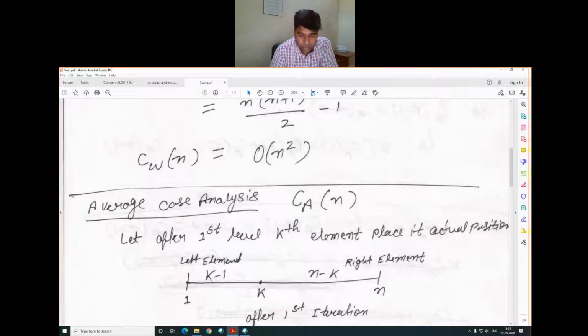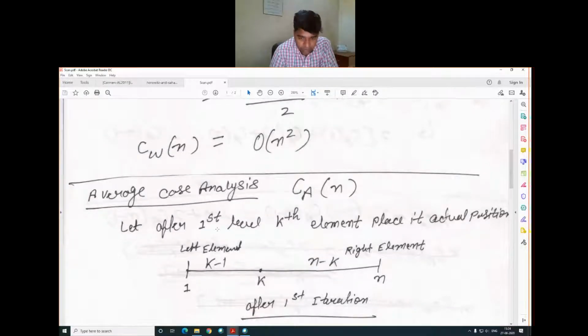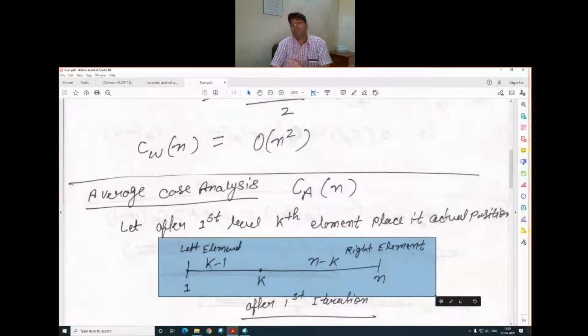Let's see this scenario, this picture, in our mind to make a mathematical model. After the first level, as we know, the pivot element, the last element, is placed in its actual position. After the first iteration, the picture will occur like this.